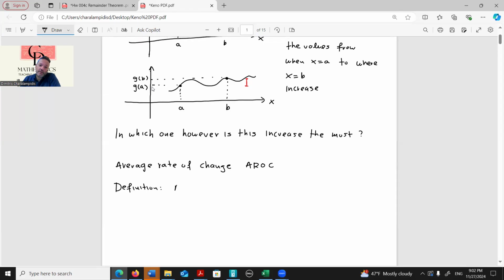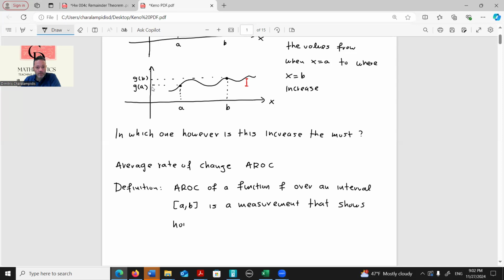And we can give the following definition. The average rate of change of a function f over an interval a, b is a measurement that shows how much a function's values change, because they cannot just increase, they can as well decrease.